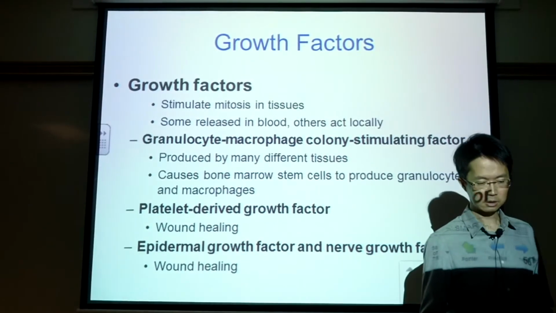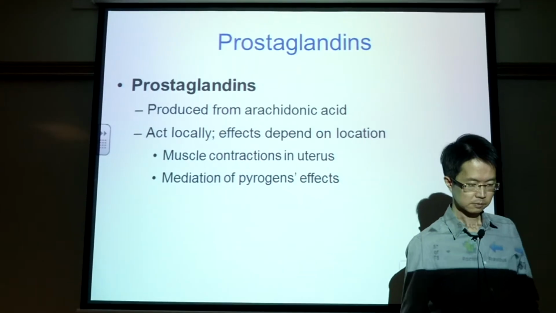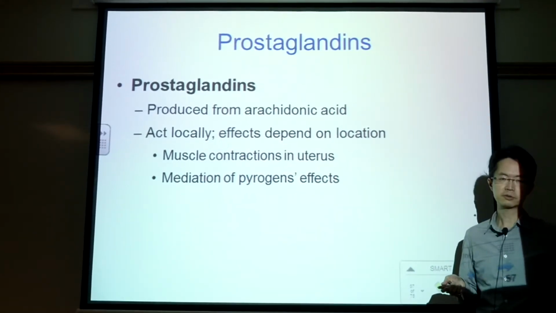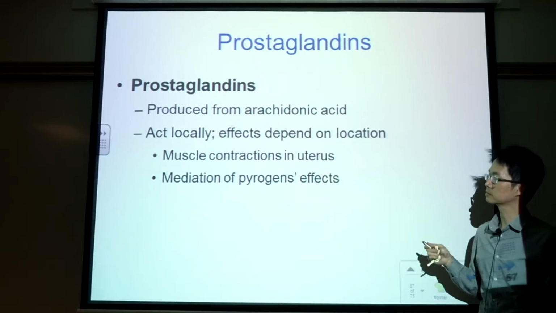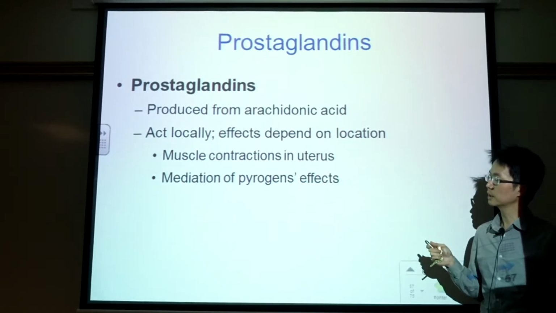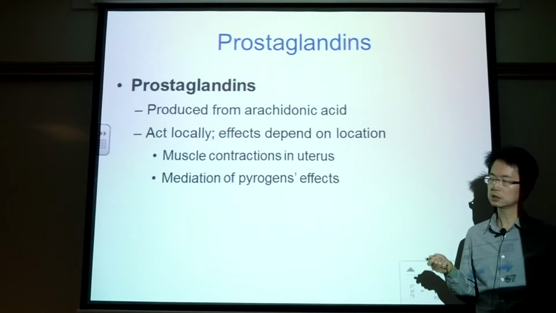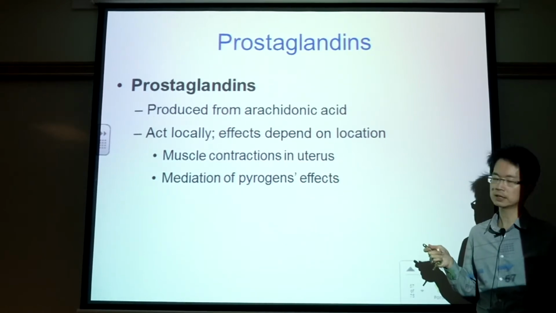It's just general. And then prostaglandin is a big thing. Prostaglandin is produced from arachidonic acid. Arachidonic acid will be converted into prostaglandin, and prostaglandin is an inflammatory molecule. So when you poke your finger, it turns red and also swells. It is because of the effect of prostaglandin.